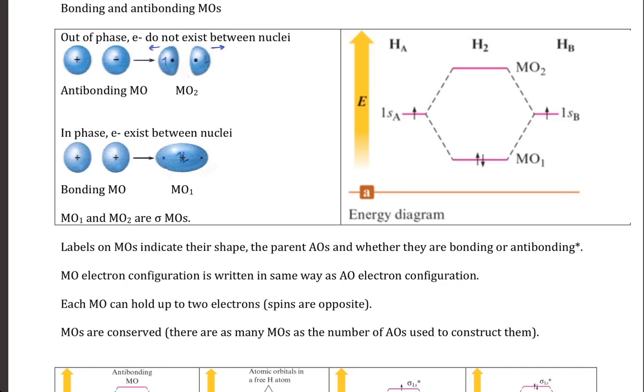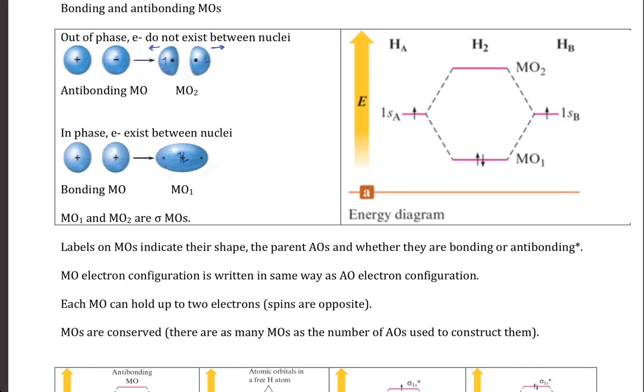Now go to the upper picture. If those nuclei are coming together, but they're out of phase, we have a plus in one case, a minus in the other, they're going to lead to destructive interference. They will lead to an MO that is what we call an antibonding MO. It does not favor bond formation.